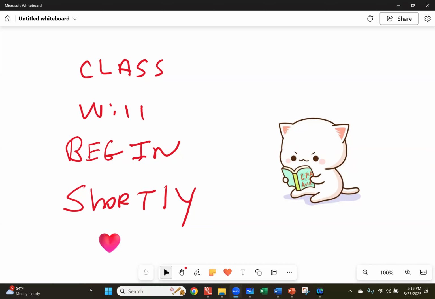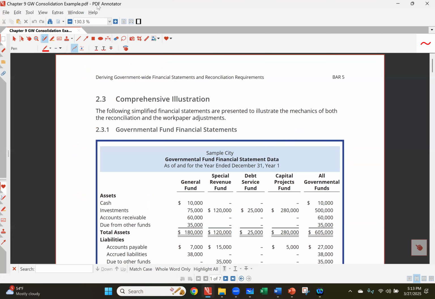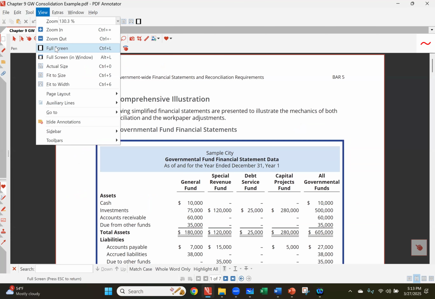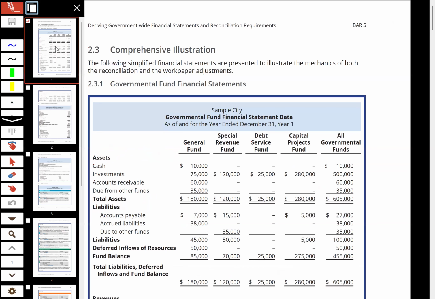Okay, so the first thing I want to do before we get into the government financial analysis discussion is take a look at this material that talks about the consolidation process.